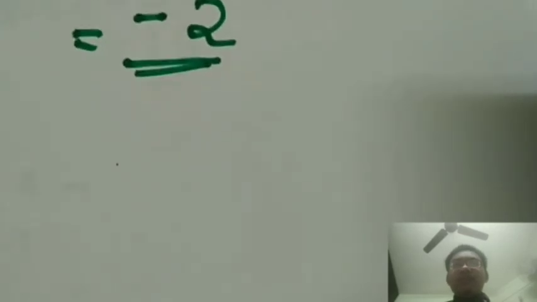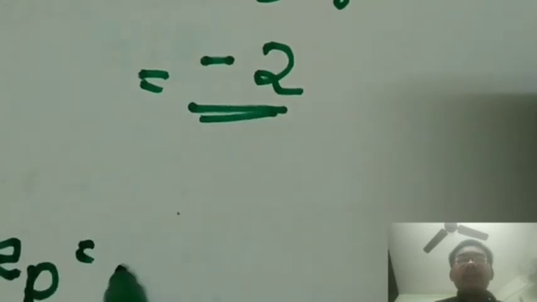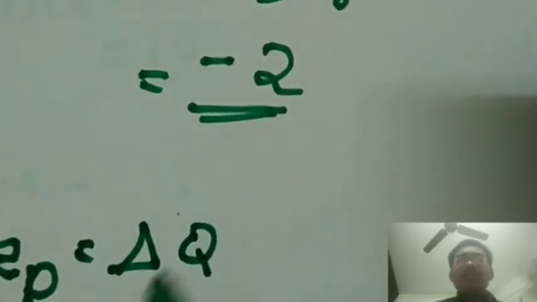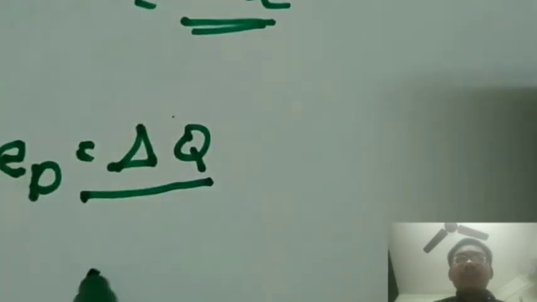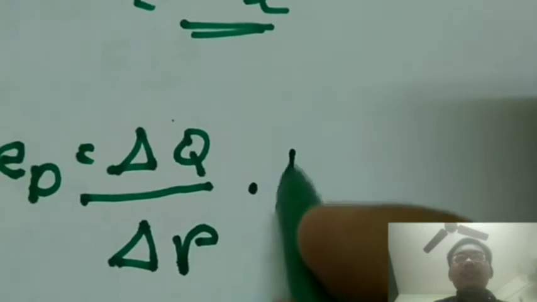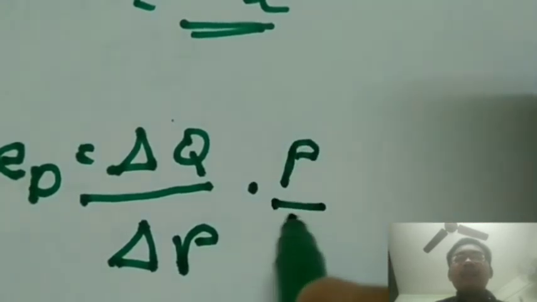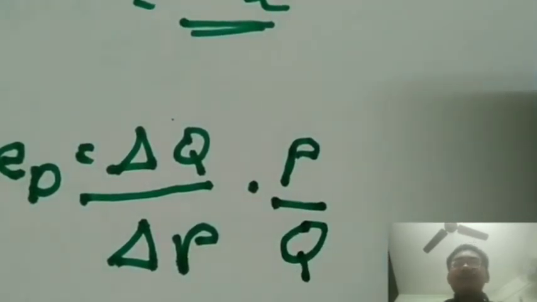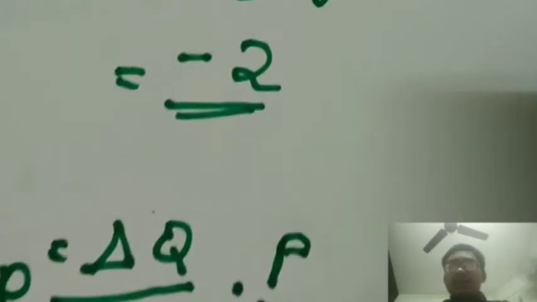From the proportionate method, we know ED equals delta Q by delta P into P by Q. So we have all the measures.